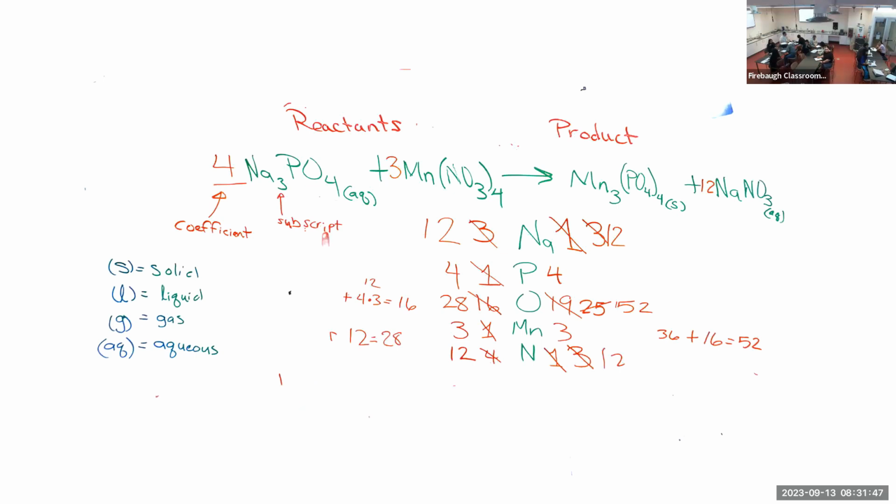And then over here we have 4 times 4. That's a total of 52. Okay, so we have 12 and 12, 4 and 4, 52 and 52, 3 and 3, 12 and 12.